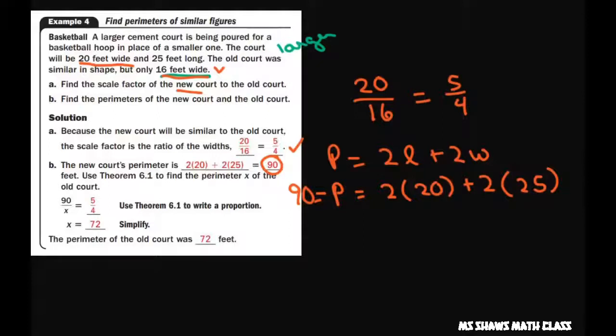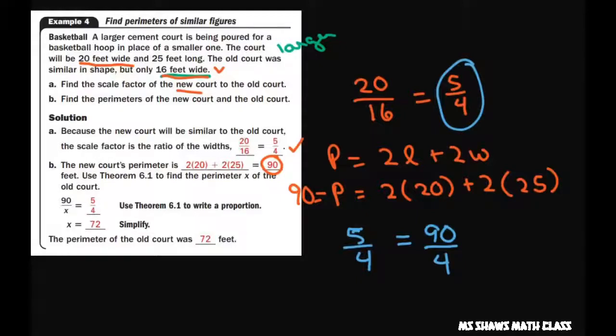Now, it says use the theorem to find the perimeter x of the old court. So what we know, the scale factor is 5 to 4. So we go x, well, this is 5 to 4, and 5 goes with the 90, and 4 goes with the x.